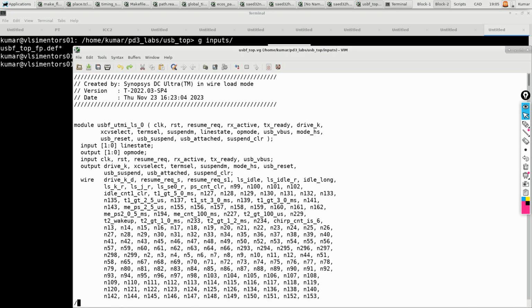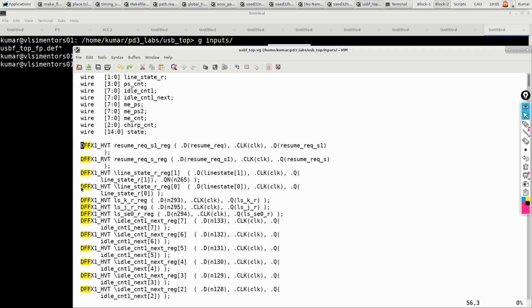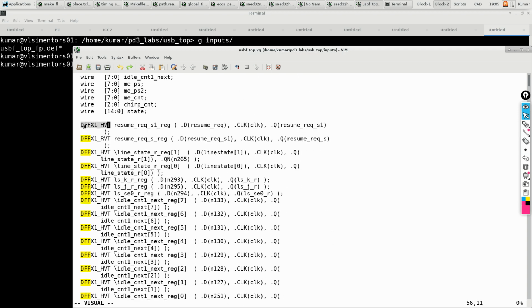In this you will see DFFs only. There are no other flip flops you will ever see. All the registers that we have are basically DFFs. I know we have SR flip flop, JK flip flop and different flip flops, but we don't use any other. We use only the data flip flop and the D latch.